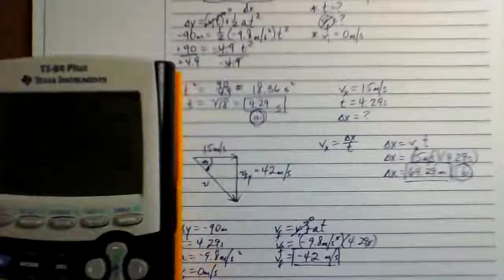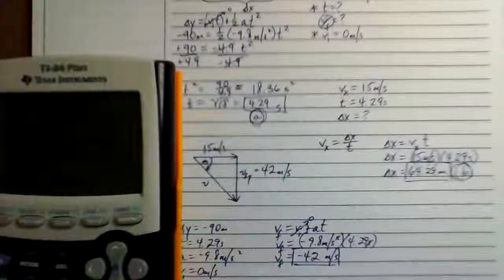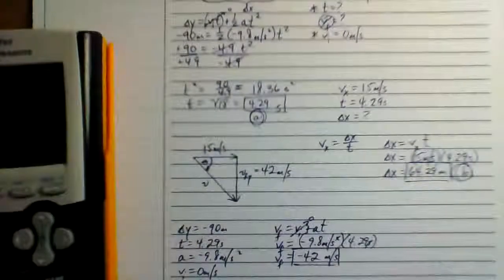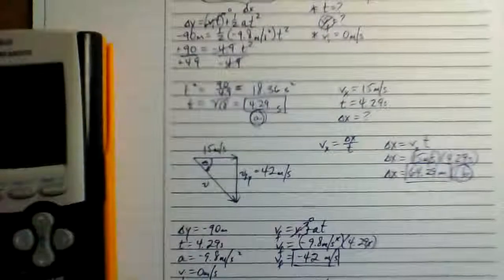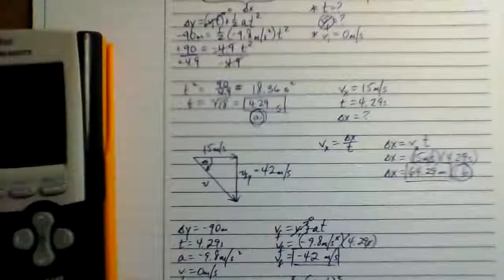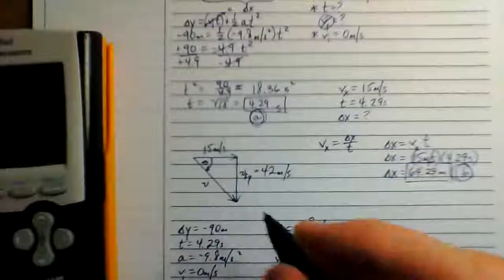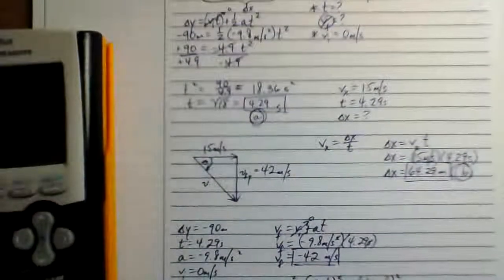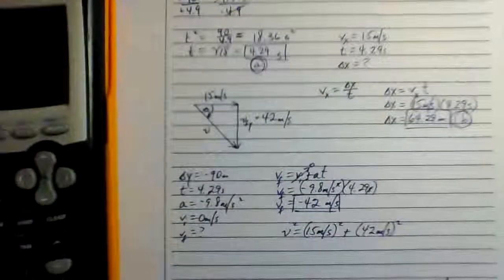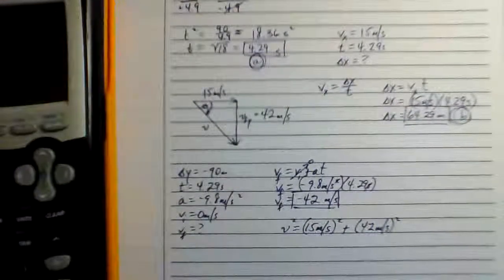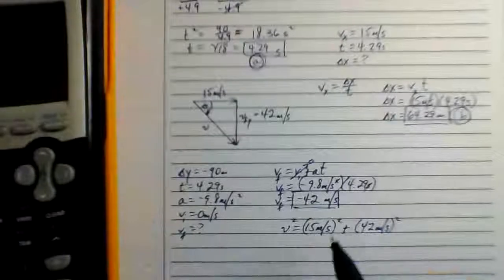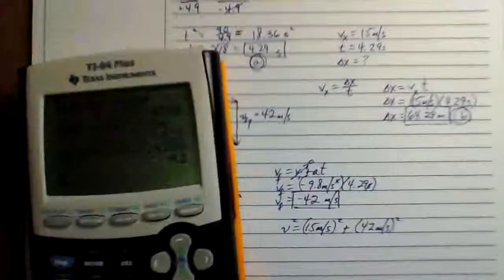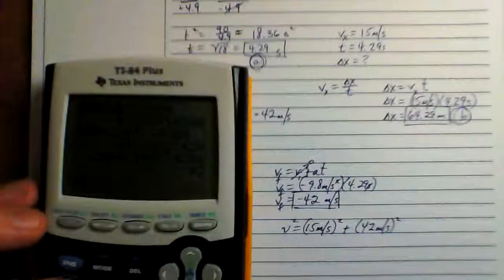If I want to find v, we're going to use the Pythagorean theorem. v squared equals 15 meters per second, squared, plus 42 meters per second, squared. So v equals the square root of that, and I'll put it in the calculator all at once because there are a bunch of extra steps.